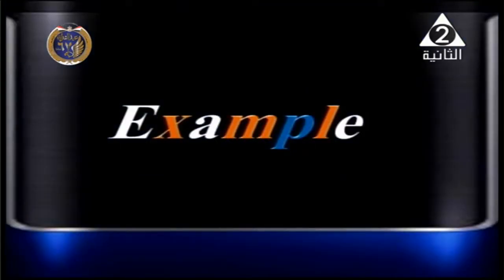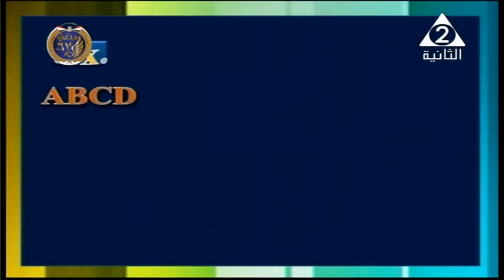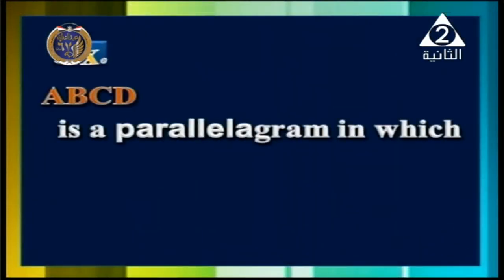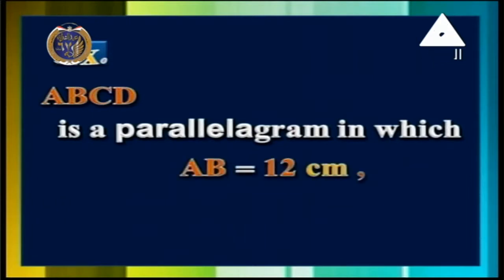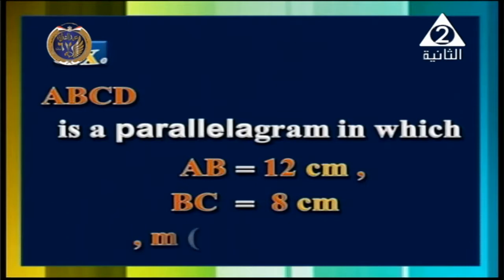Example: ABCD is a parallelogram in which AB equals 12 centimeters, BC equals 8 centimeters, and the measure of angle A equals 60 degrees.